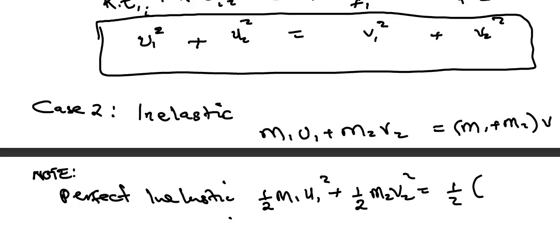They're now moving together, so I'll still add the masses regardless, and the velocity they're moving with is V squared, which is their V final. That can also be the case if they say this was perfectly inelastic, meaning everything was conserved in terms of energy.